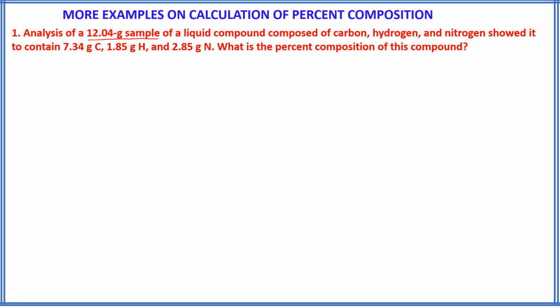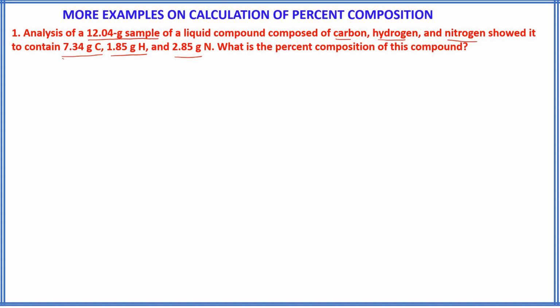They are asking what is the percentage of carbon, the percentage of hydrogen, and the percentage of nitrogen. How much mass is each? 7.34 grams of carbon, 1.85 grams of hydrogen, then 2.85 grams of nitrogen. Here we are not considering the molecular formula because we don't know what type of molecule it is.